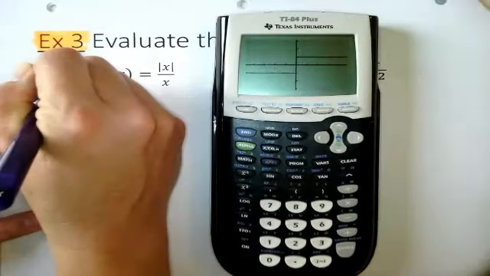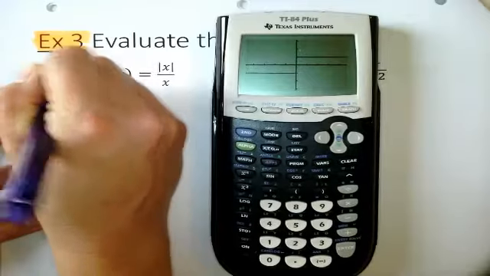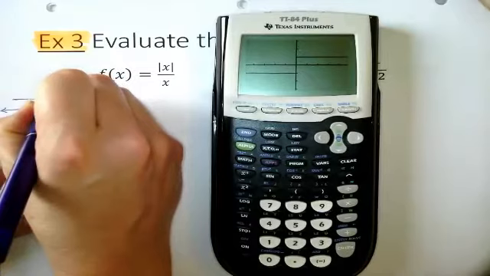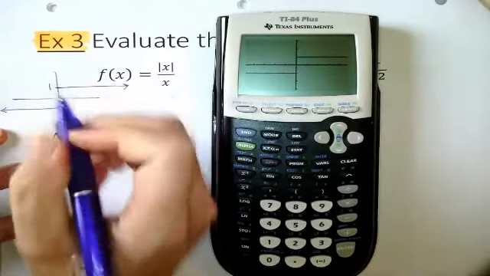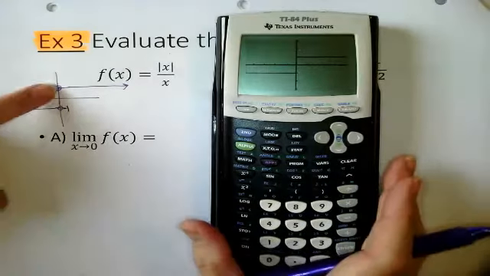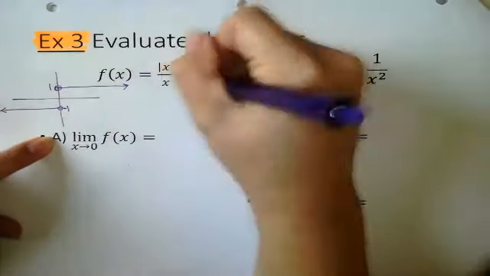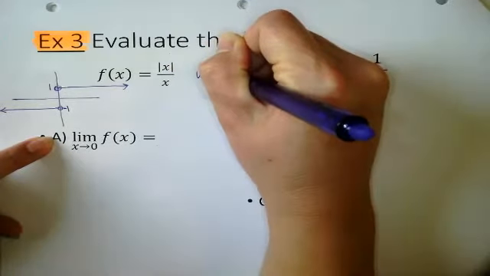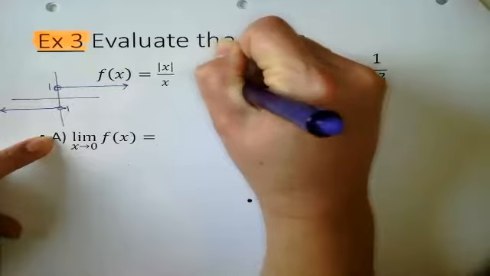It has a value of -1, and it has a value of +1 when x is greater than 0. What happens at 0? You'll notice I used open circles. It is undefined at x equals 0.